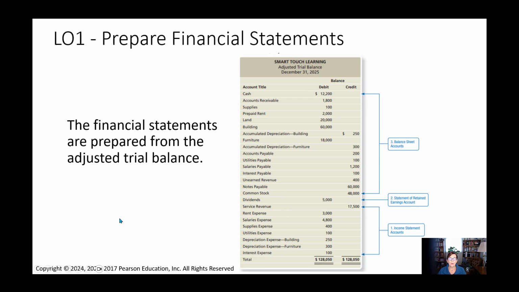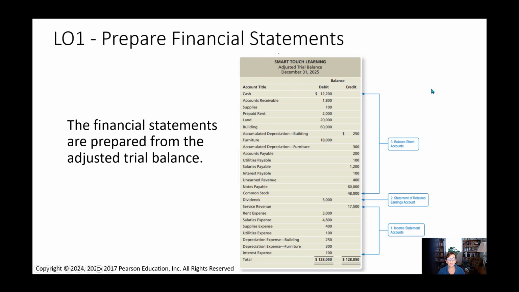Okay, so you remember the financial statements from the previous chapters, right? The income statement, the statement of retained earnings, and the balance sheet. And remember that where we left off in chapter 3 was that we had an adjusted trial balance.